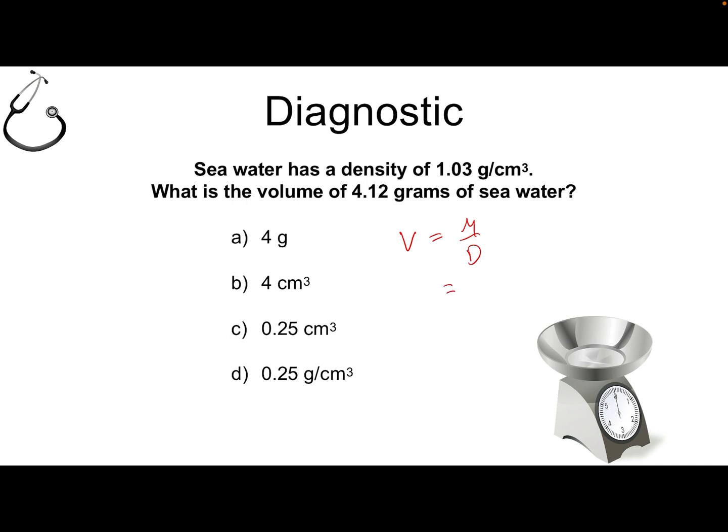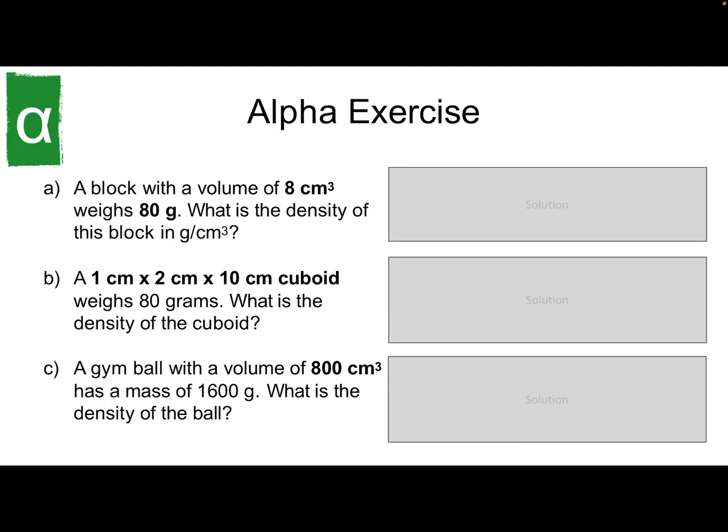So we're going to say our mass is 4.12 divided by density 1.03, and I think that you'll find that that is equal to 4. What's the unit of measure? Well, that's grams per centimetre cubed, so the volume must be 4 centimetres cubed. Okay, right, I'm going to stop the video there.